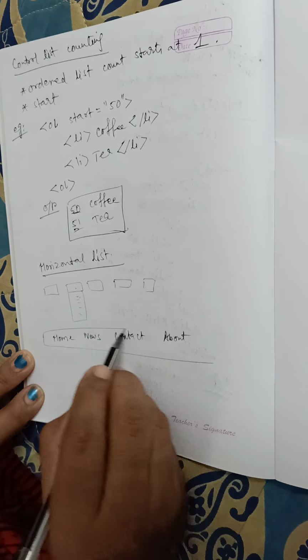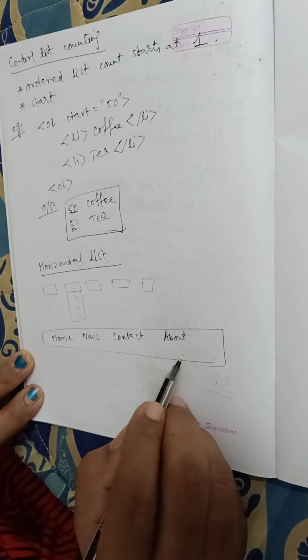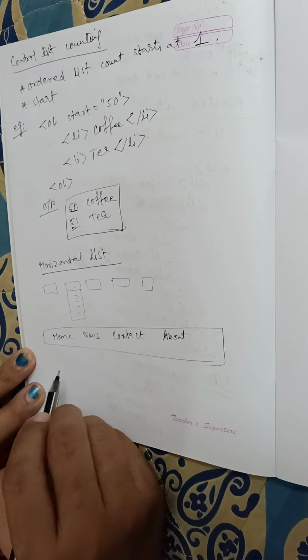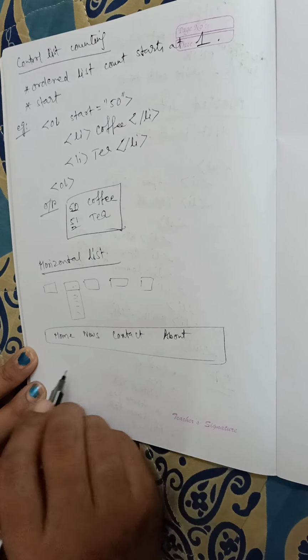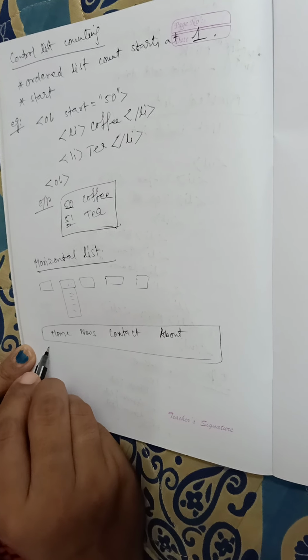So this total is my list. It is there horizontally. Instead of one below the other, now they are in a horizontal line. For this, what would be my code?